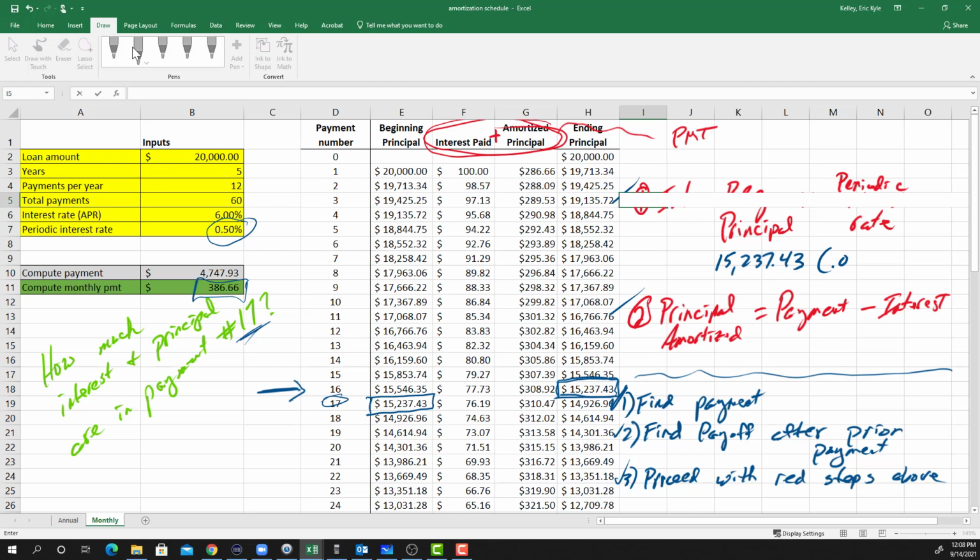So we're going to multiply that by 0.005, and that will get us to 76.19, which is that number right there. And then finally, we're going to move to step 2 in the red, which is take the payment, 386.66, subtract 76.19, and that gets us the principal.